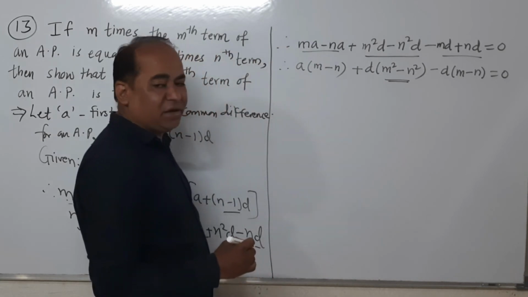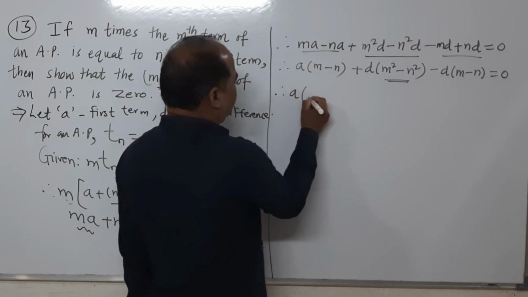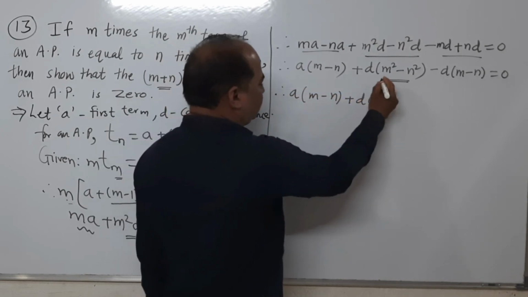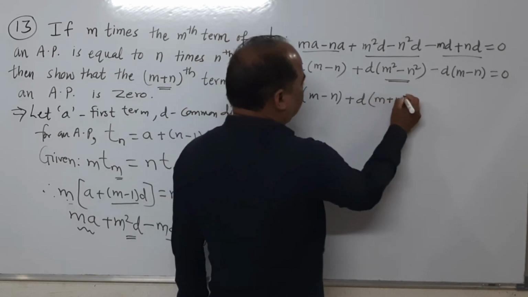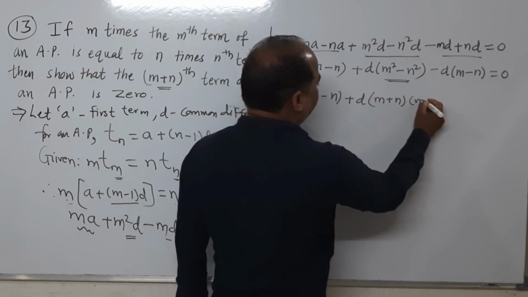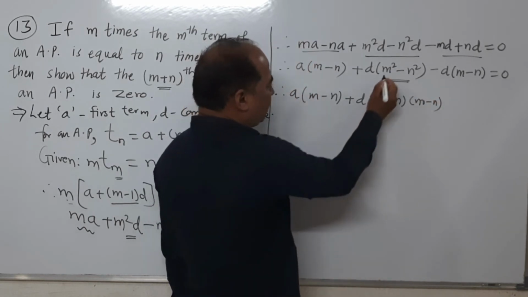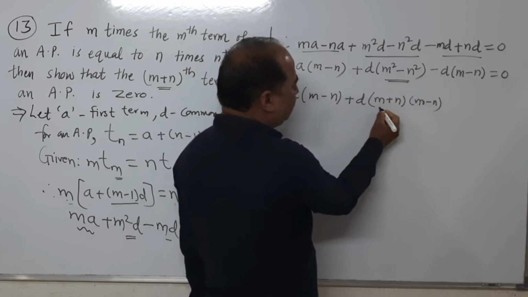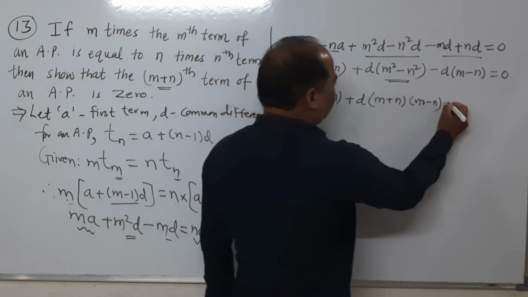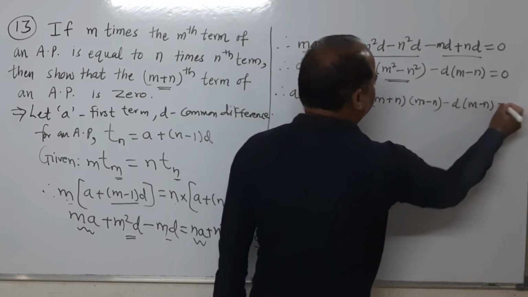So we will apply the identity for this term, m square minus n square. Therefore a into m minus n plus d into m plus n into m minus n. Applying the identity a square minus b square, that is a plus b and a minus b. So here m square minus n square is equal to m minus n and m plus n, minus d into m minus n is equal to 0.